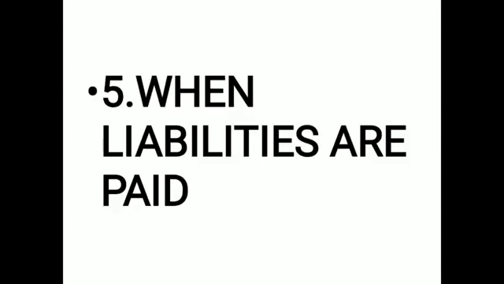Then, when unrecorded liability is paid, this is the journal entry for payment. This is again a reverse to the realization of unrecorded asset. It is cash account debit to realization account. Here it is realization account debit to cash and bank account.